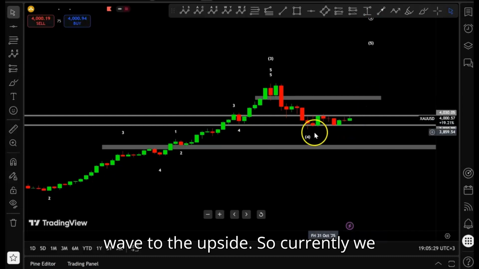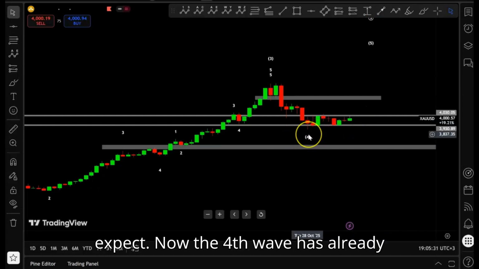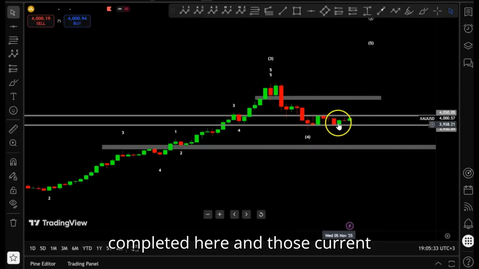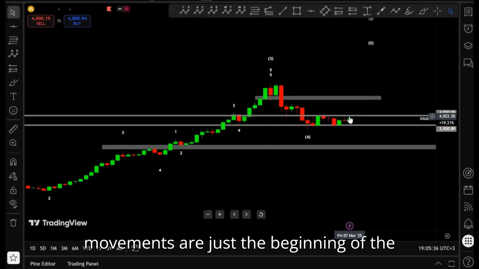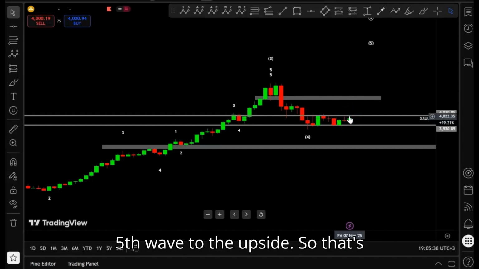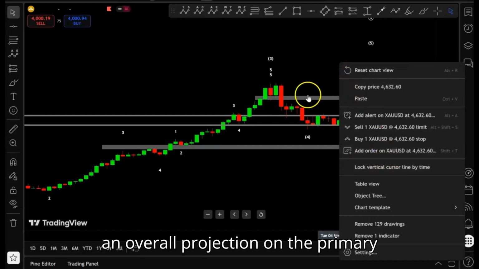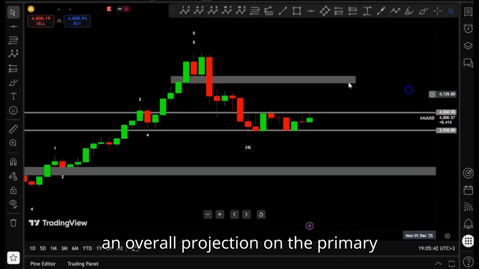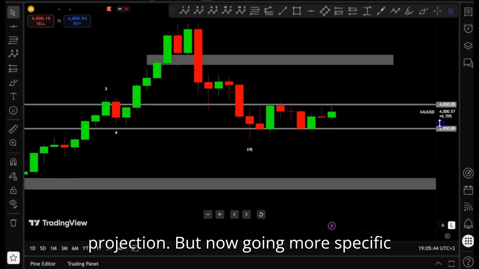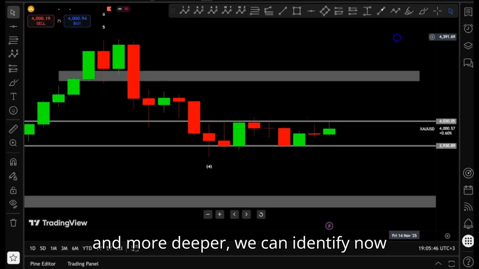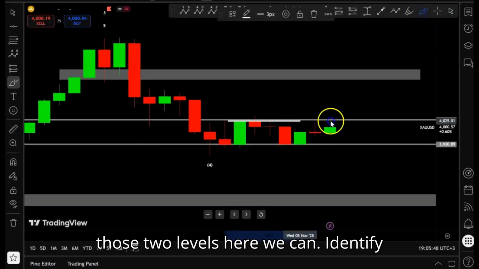So currently we expect now the 4th wave has already completed here, and those current movements are just the beginning of the 5th wave to the upside. So that's an overall projection on the primary projection. But now going more specific and more deeper, we can identify now those two levels here.